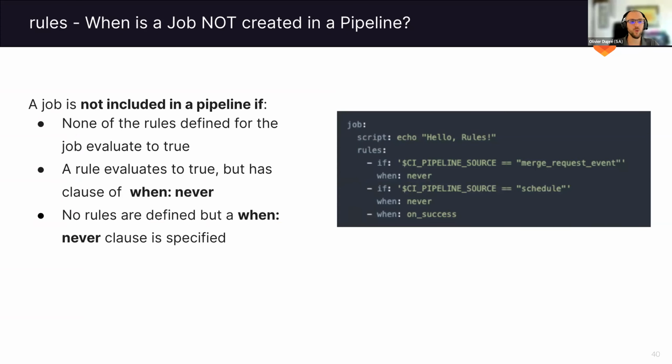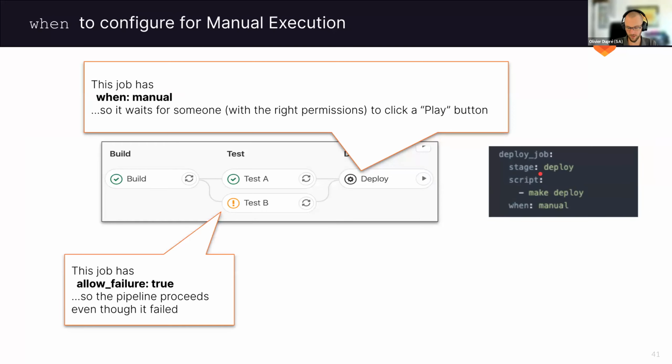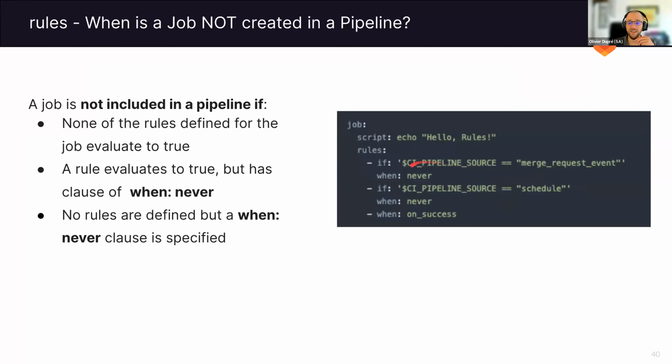Okay, so let's define these rules and let's see how to use them. So here is how we are going to not include a job in a pipeline with the keyword never. Basically in that job, what I'm saying with my rules is that if my pipeline is executed from a merge request event, or has been scheduled, sorry, then I don't want to execute this job, okay?